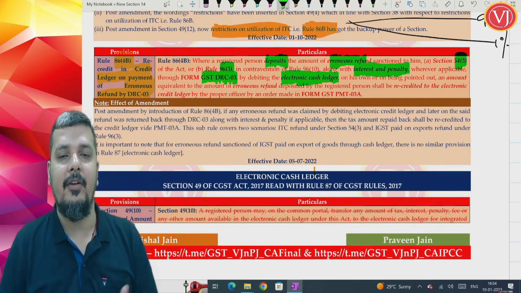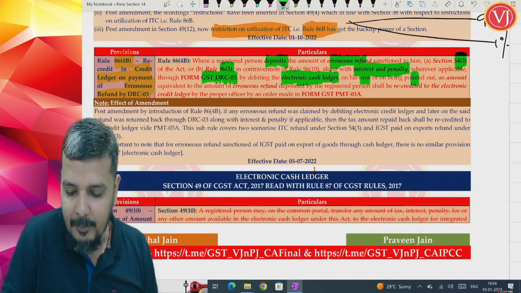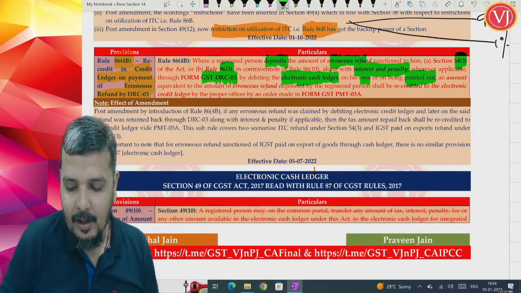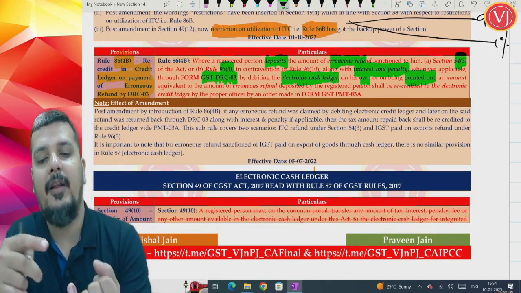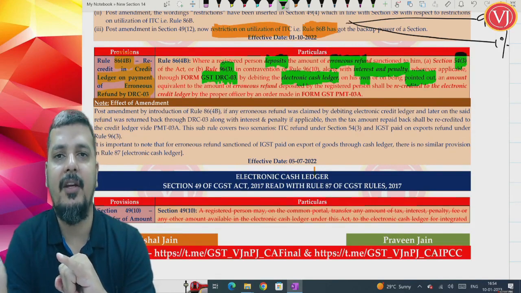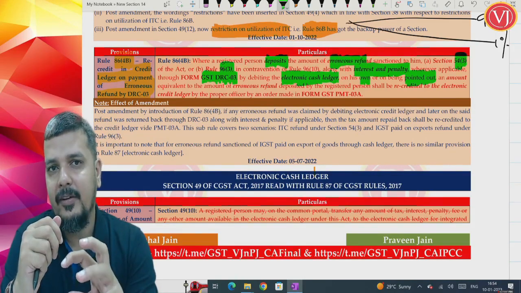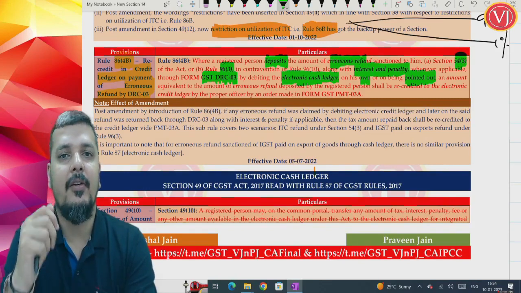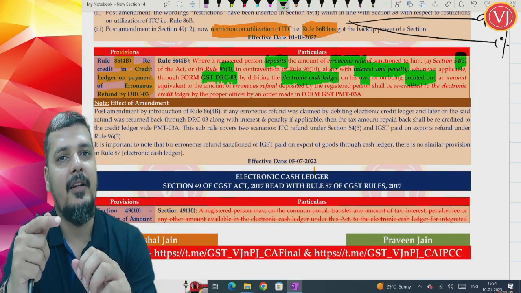This error that you have got a wrong refund can be found out on its own, or it can be found out on being pointed out by the officer. Now what has happened? You have got a refund under section 54 subsection 3 or Rule 96 sub rule 3. Later on you found that it was erroneous, it was not a refund to be taken. You paid it back by electronic cash ledger with interest and penalty.